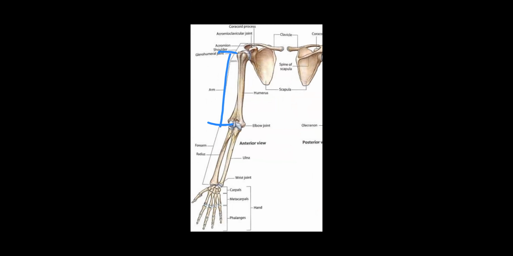In your hand, the first part is the upper arm, the next part is the forearm, then the wrist region, then the palm, and then your thumb and fingers.